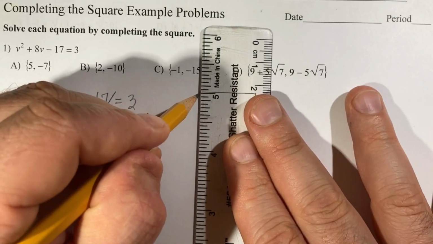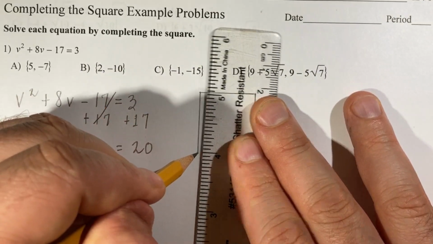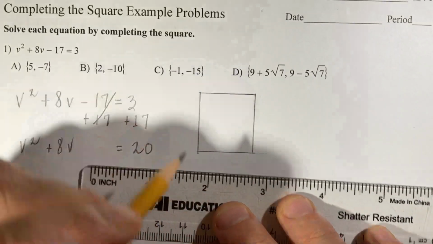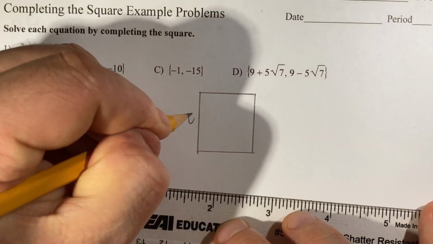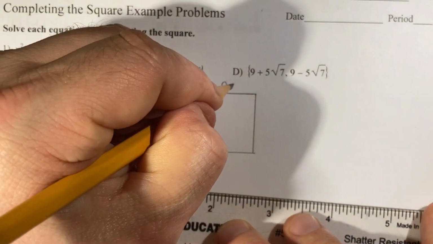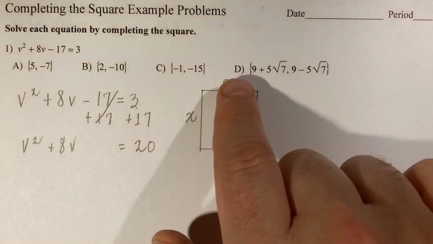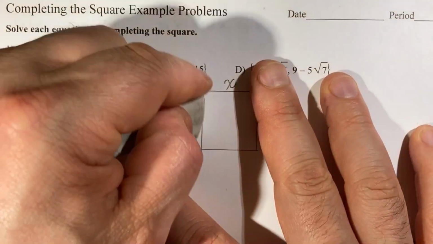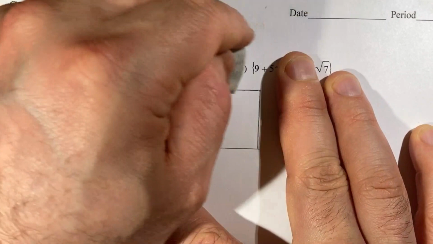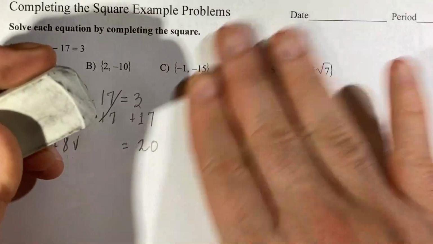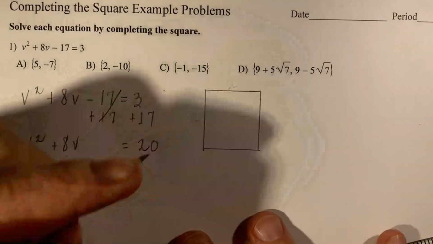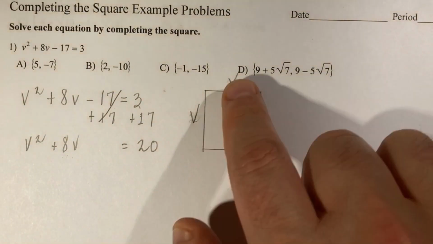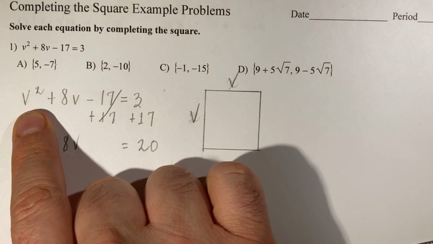You started with a square whose side lengths are always x. So this was x, and this is x. And if you multiply x times x, you get x squared. I guess I should use v, since this example has the v component. So the side lengths are v and v. V times v is v squared, and there's the v squared.